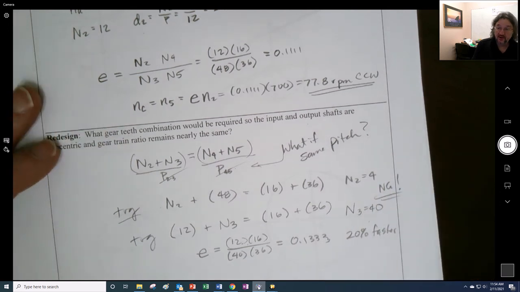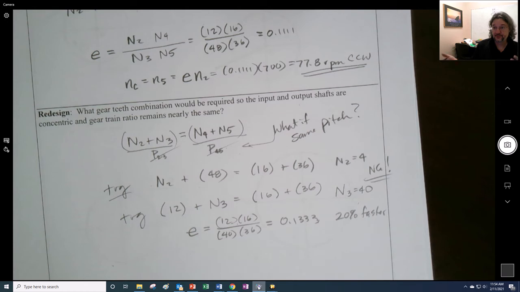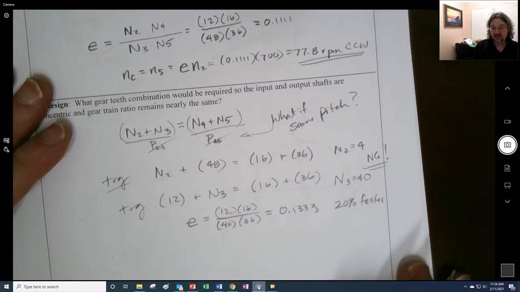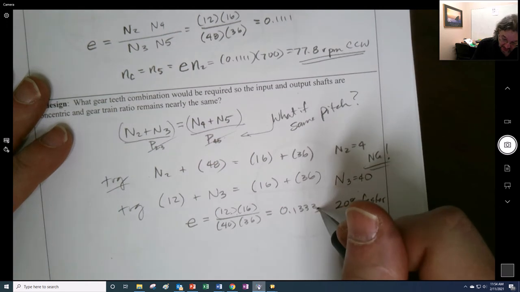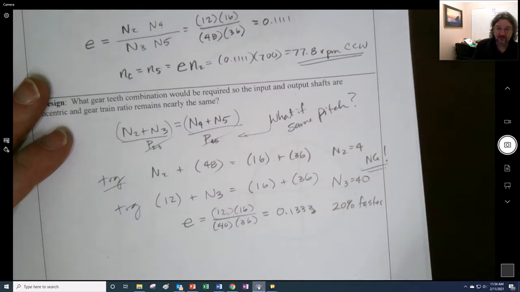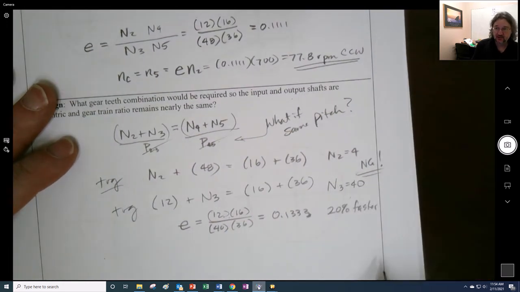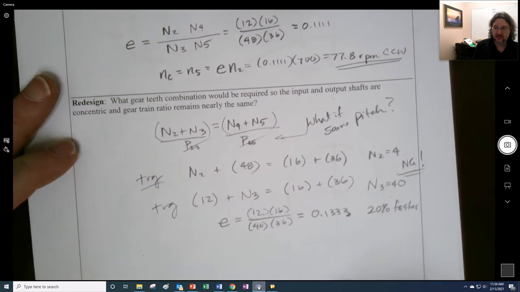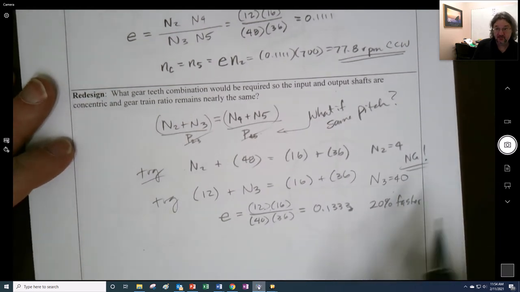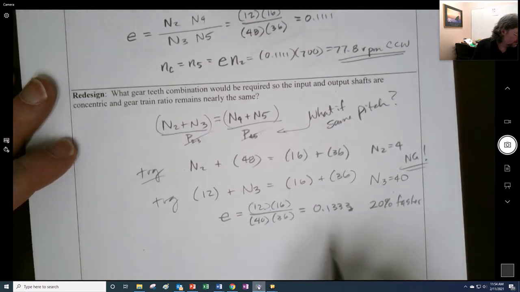Is that going to be good enough? Maybe that's going to be acceptable, but probably not. Whoever's determining what this gear ratio is has something in mind, and 20% is probably too much.